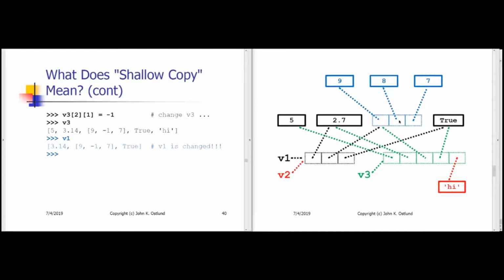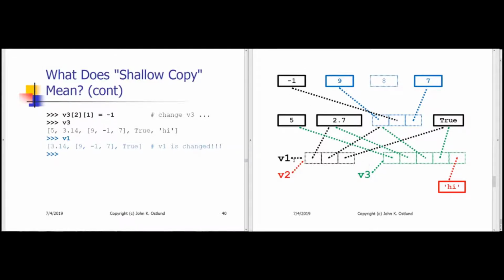Now what that means is that the reference to the 8 is replaced with a reference to a -1, and in memory, here's what's happening. The 8 no longer has a reference to it, and so it can be reclaimed from memory. Perhaps it does still have a reference to it somewhere. And I have modified this list to contain a reference to the value -1, which is stored someplace in memory.